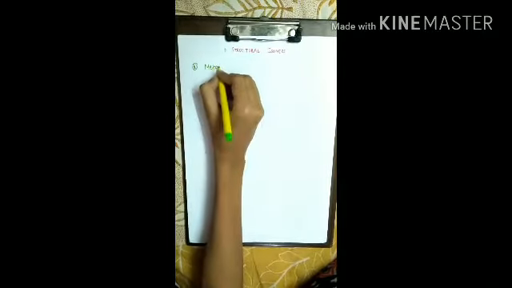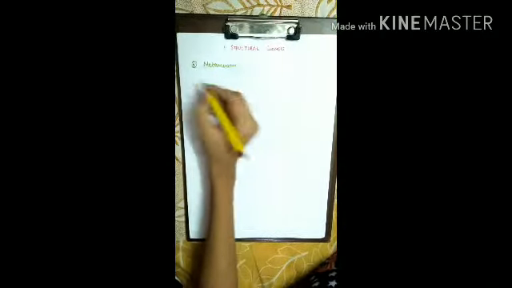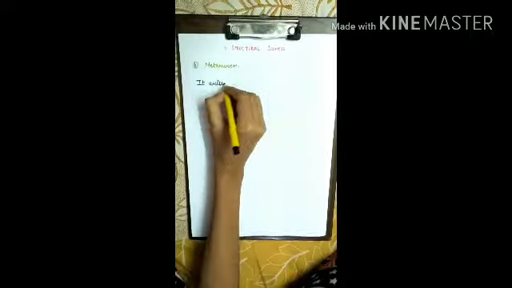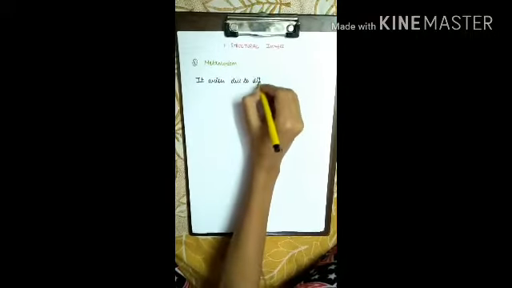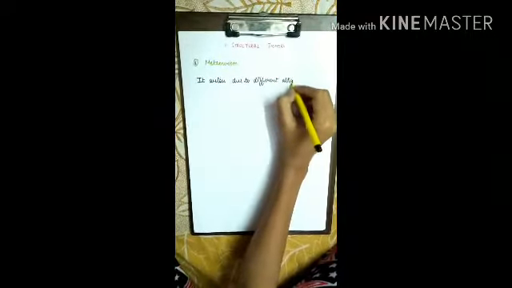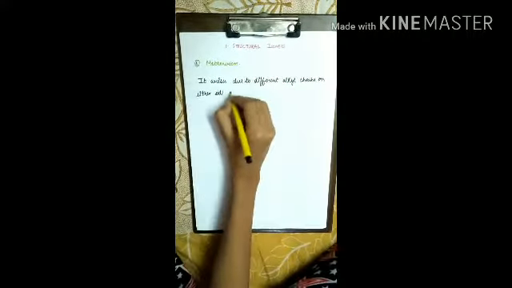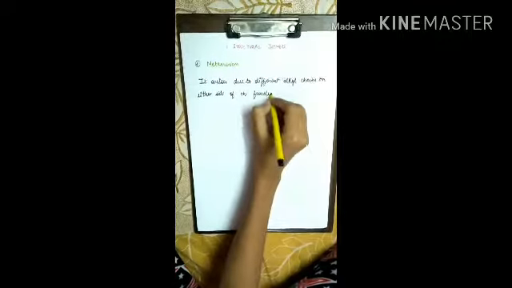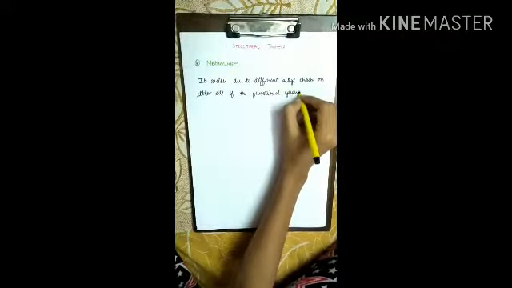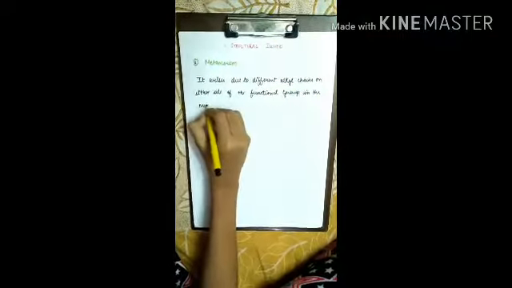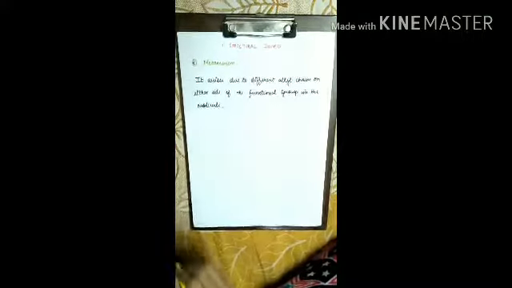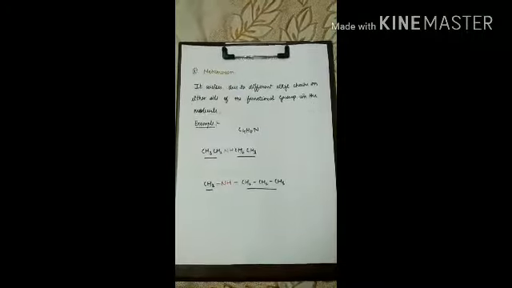Let's look at the last type of structural isomers, that is metamerism. Metamerism arises due to different alkyl chains on either side of the functional group in the molecule. Metamerism can also arise due to the ring structure, which is greatly restricted. Look at the example of metamerism.